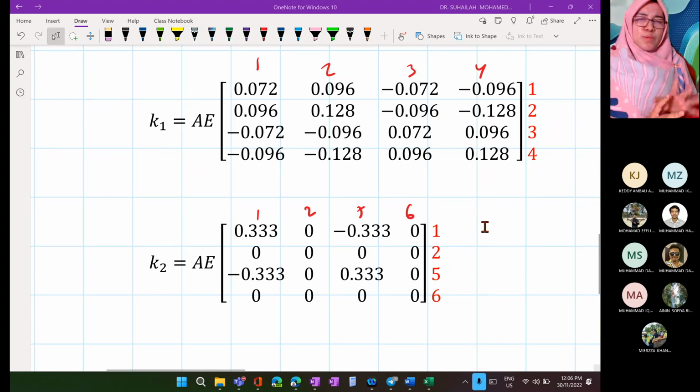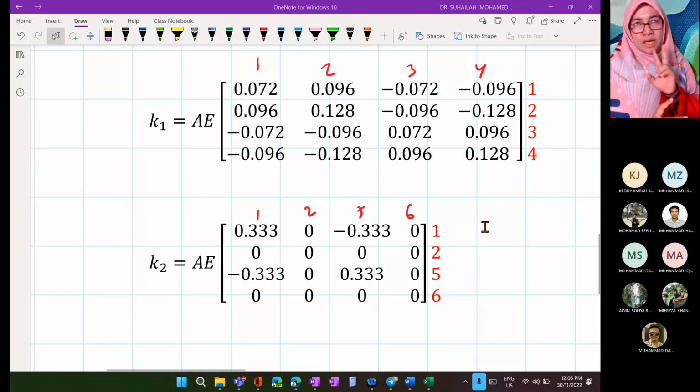Okay, so since we have K1 and K2, this is the element stiffness matrices for element number 1 and for element number 2. Remember, when we analyze structure using stiffness method, we actually divide the structure into element. That's why we do this. Original is structure truss. We divide into element.